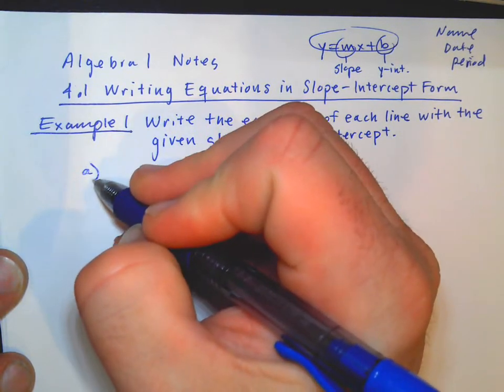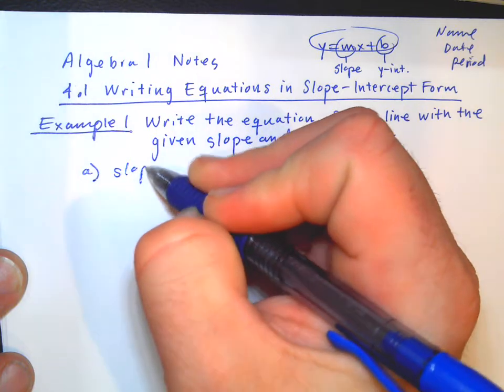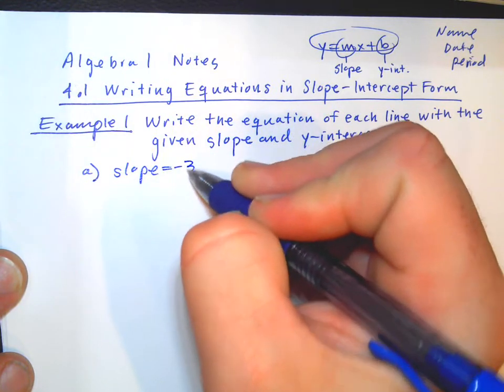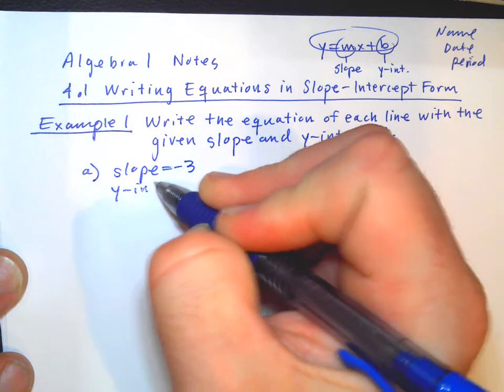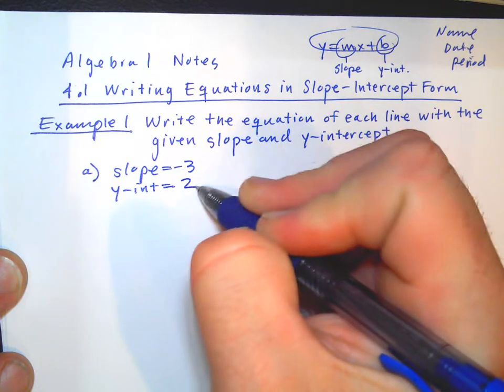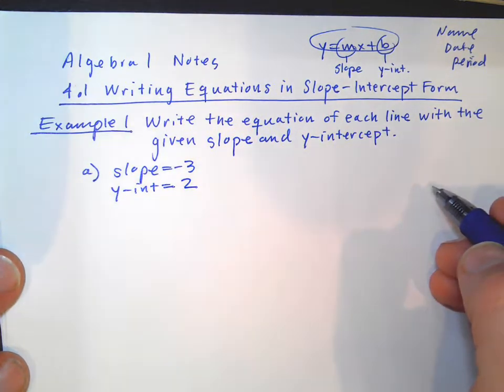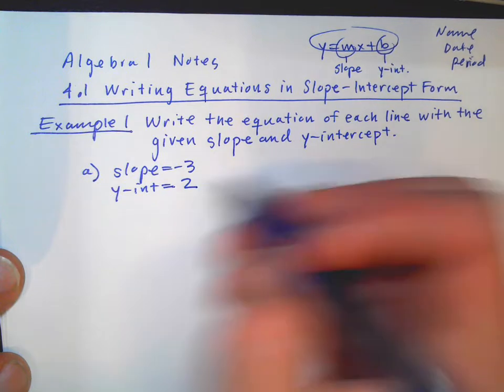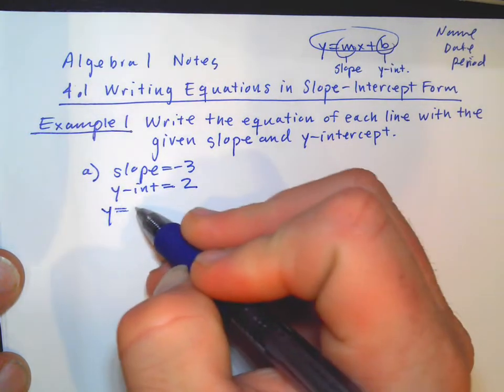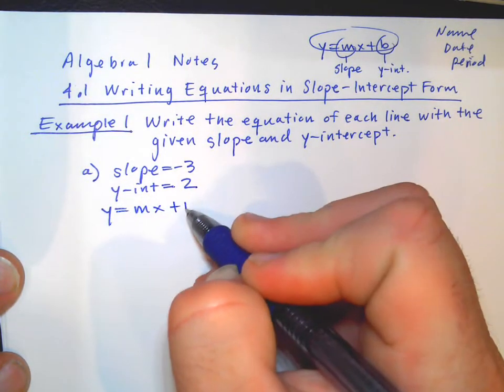So part A, I will give you the slope equals -3, and I will give you the y-intercept equals 2. And so we're trying to write the equation into y equals mx plus b.